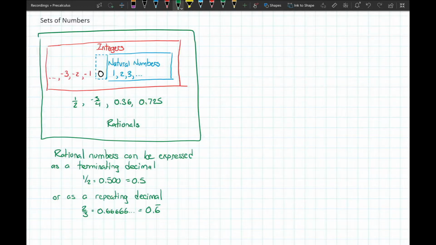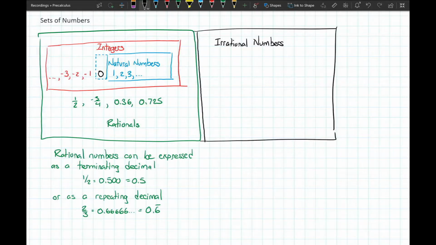Now, at this point, it seems like we've got all the numbers we could possibly need, but there are several other numbers that we're going to be looking at that cannot be expressed as either a terminating decimal or a repeating decimal. And that's when we look at the irrational numbers. Unlike before, where we were just building larger and larger sets of numbers, where every natural number is an integer and every integer is a rational number, irrational numbers don't fit into any of the previous categories.